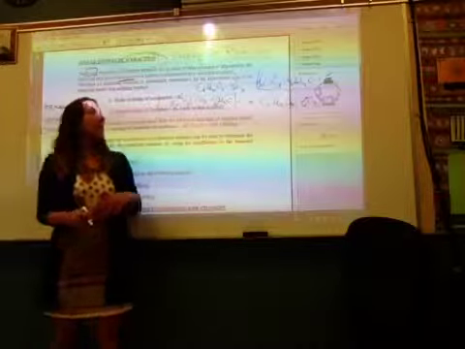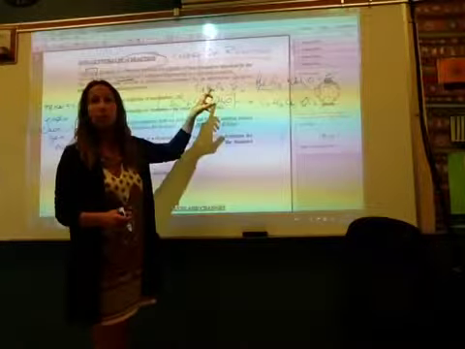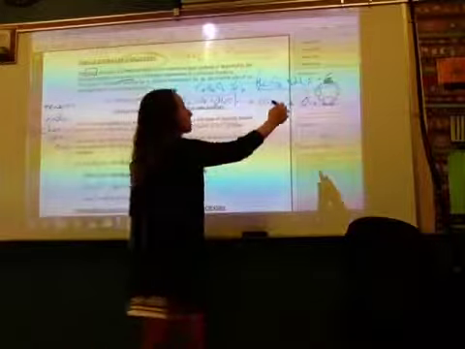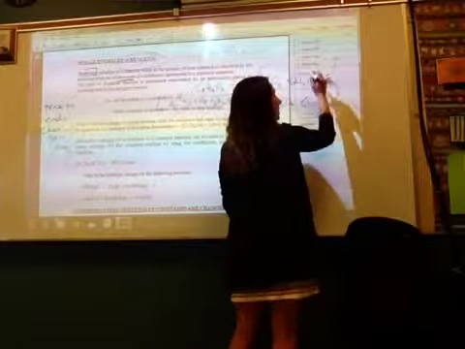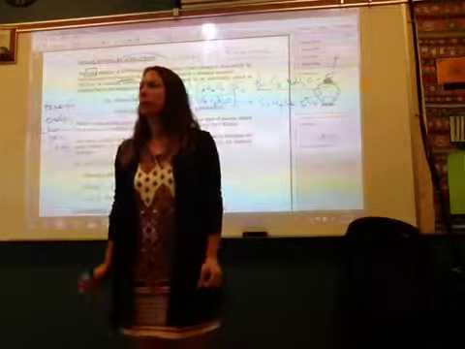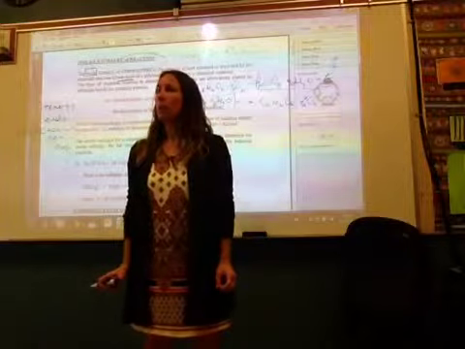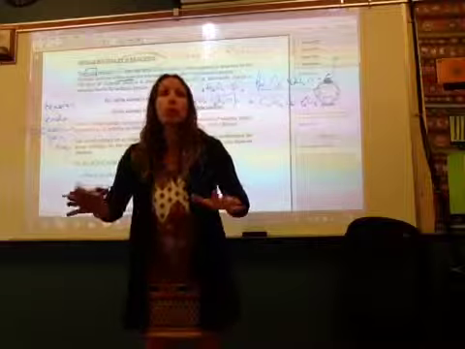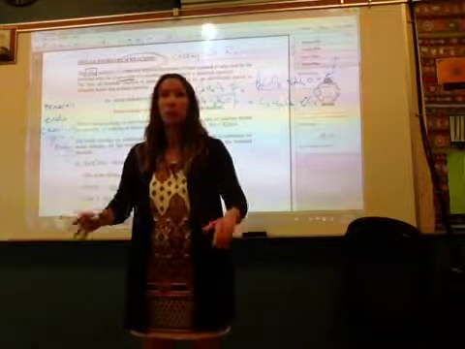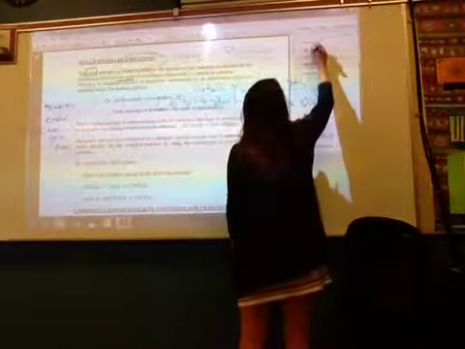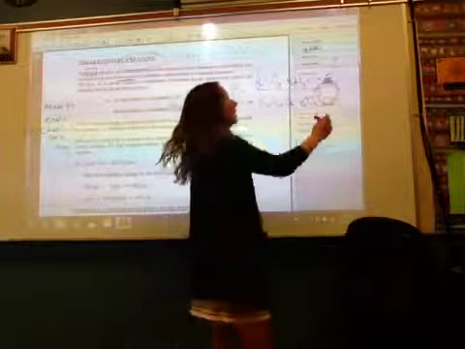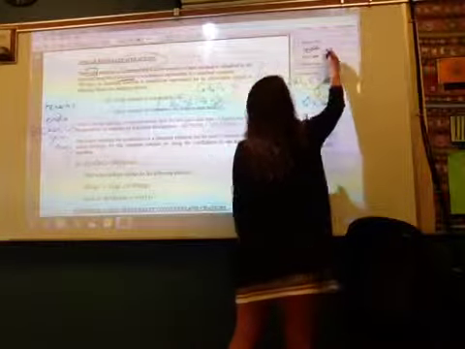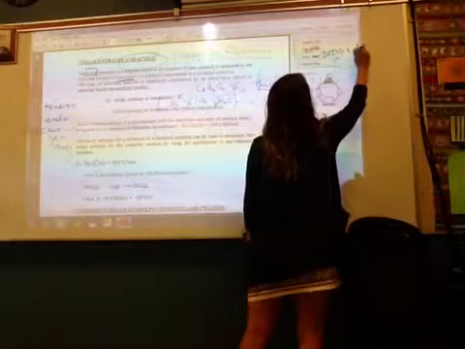Okay? And in cellular respiration, the energy that's produced, is it exothermic or endothermic? Exo. We produce energy. We give off energy. So it's exothermic, and the symbol would be negative, let's say 2,000 kilojoules per mole.